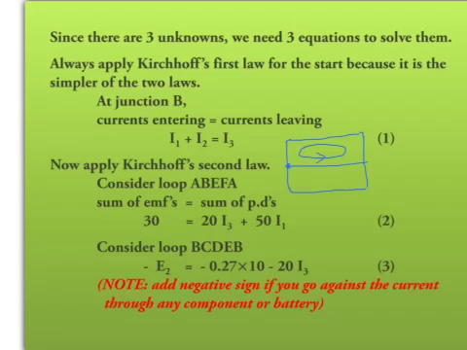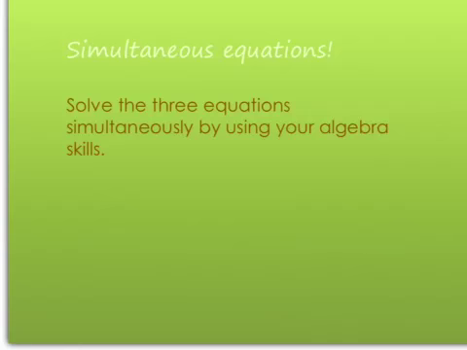So note, add a negative sign if you go against the current through any component or battery. It is now for you to solve the three equations simultaneously using your algebra skills. Have a go.